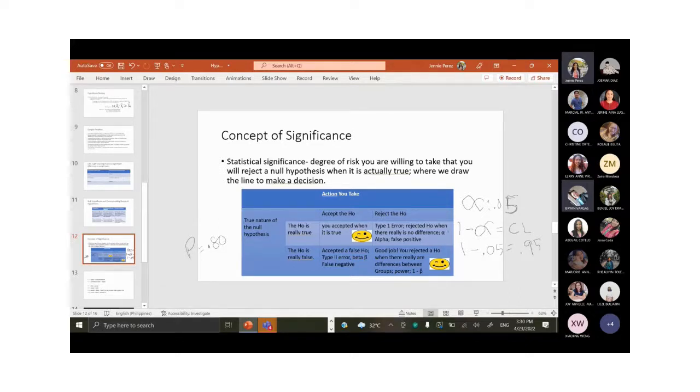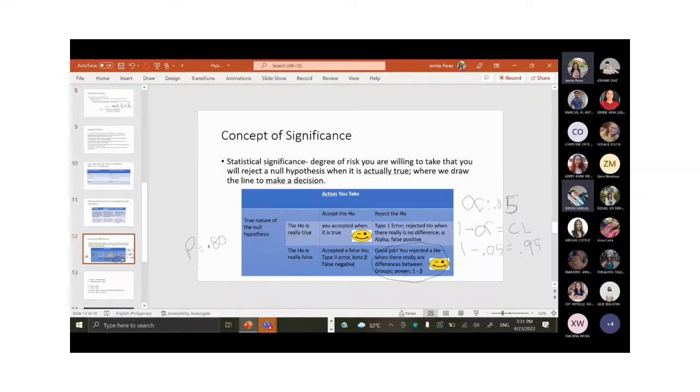Now, if you have rejected the null hypothesis, which is really false, ito ha, in this quadrant here, okay, false yung null hypothesis and you have rejected that, then you are doing a good job. You rejected the null hypothesis when there really are differences between groups.